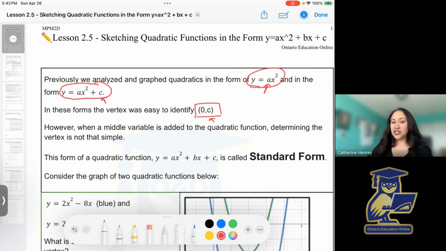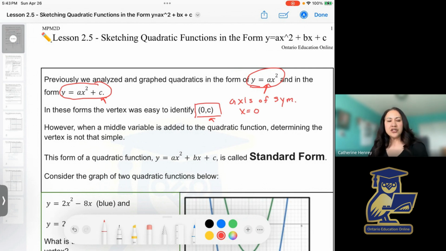The axis of symmetry here was also x equals 0.